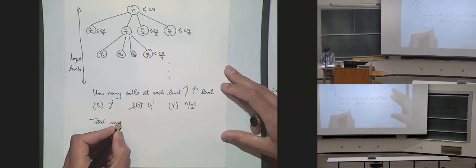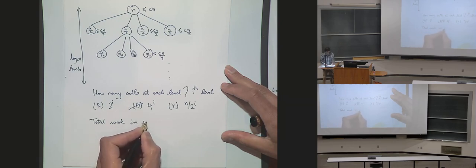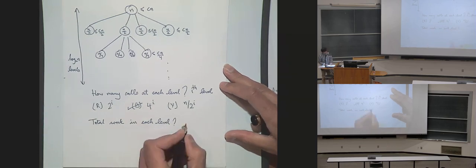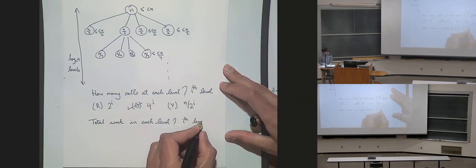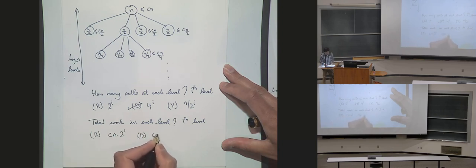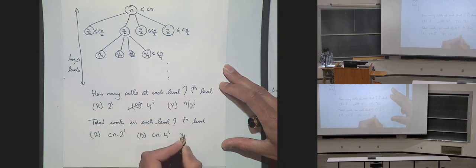What is the total work in each level? Okay, so again, let's do the ith level. What is the work? Is the work going to be Cn times 2 to the i? Is it Cn times 4 to the i? Or is it just Cn, at most?